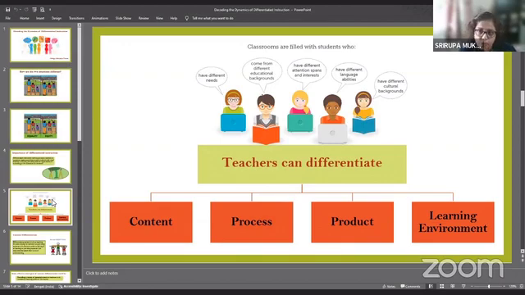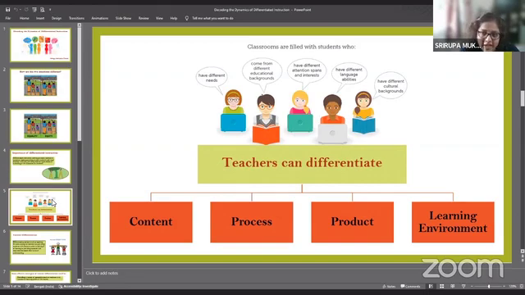And while carrying out a transaction of a lesson, when we are trying to teach a particular concept in class, we have to keep in mind that the way each and every learner is making sense of what we are talking about is very, very different.